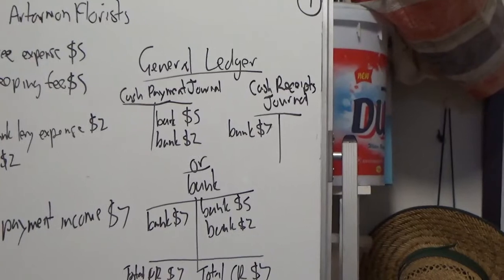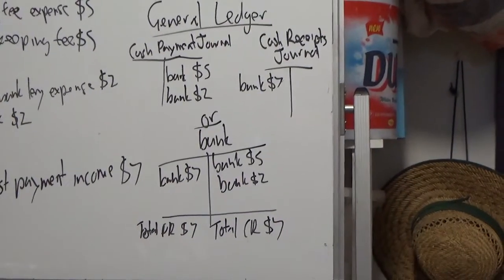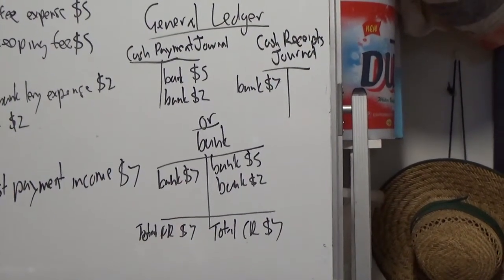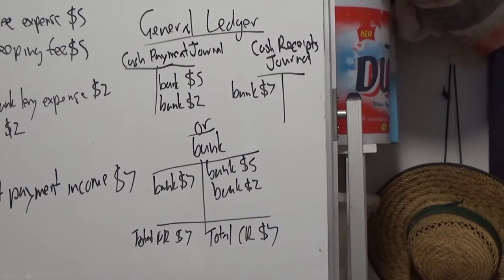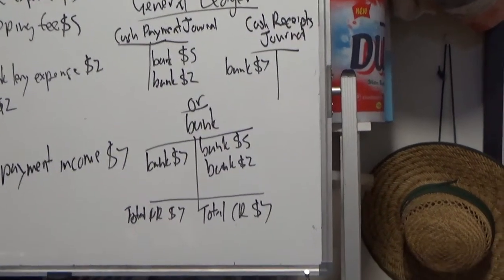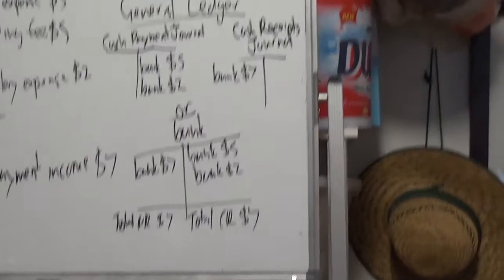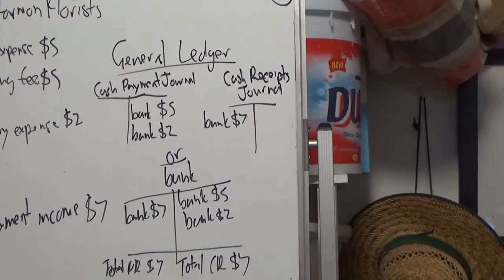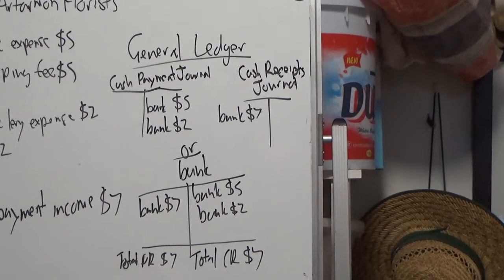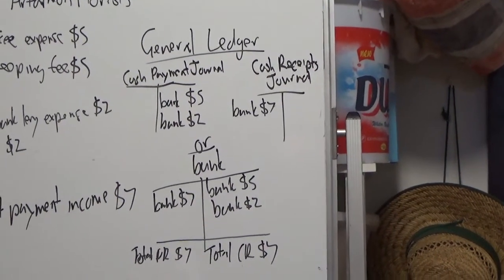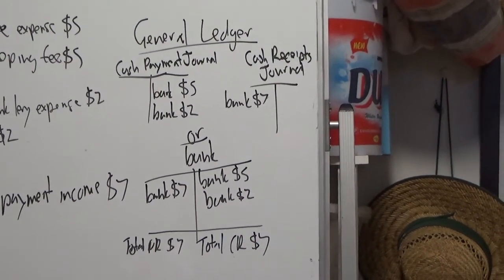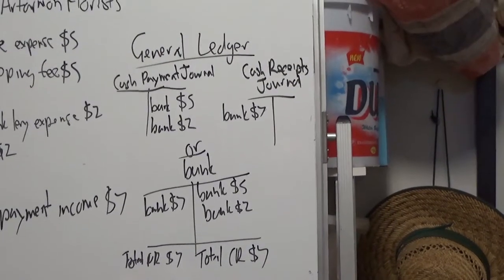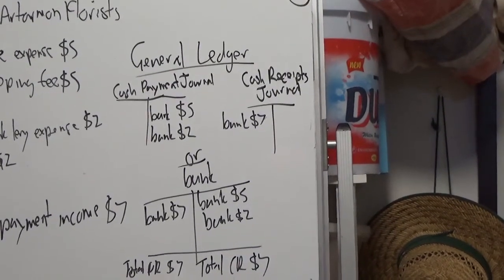Posting that to the general ledger, there's one of two ways. Usually companies do have a cash payments journal and cash receipts journal, but a really small company might just have a bank ledger. With the cash payments journal, the right hand side is outgoing cash, so they're the fees and the government charges.